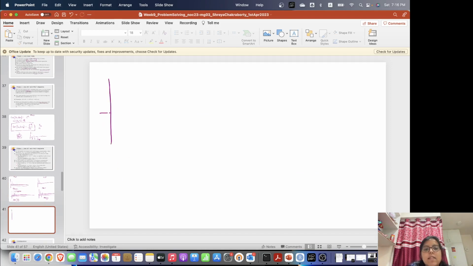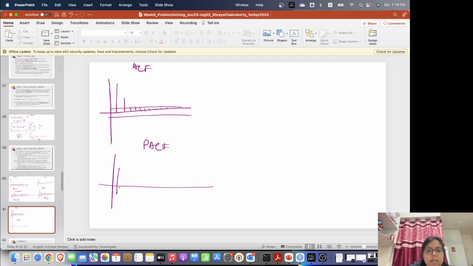So if this is my ACF function, and these are the lines that have been given, and I have 2 spikes and then the PACF gradually decreasing, then maybe this is an MA2 process, a moving average process of order 2.